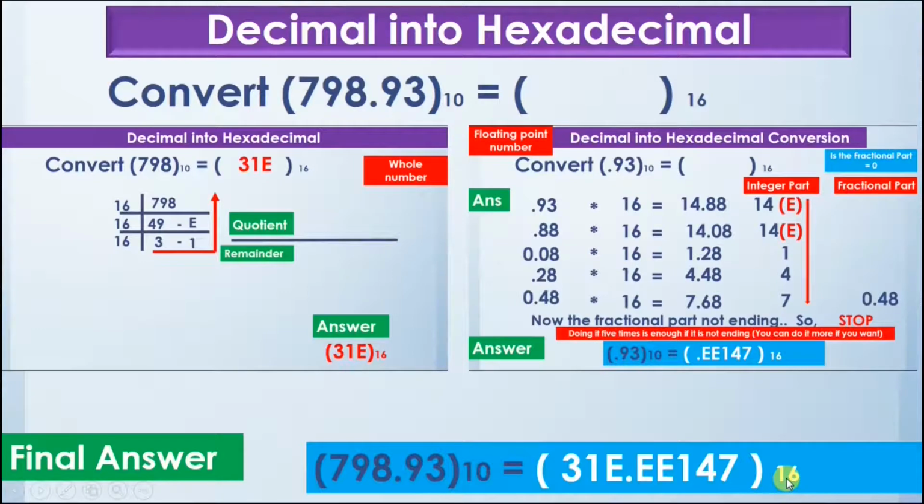So this is how we can solve a mixed number that has a whole part as well as a floating point. We solved the whole number using this procedure and the floating point number using this procedure, and then we combine this answer and this answer to get the final answer. So I hope you understand it.